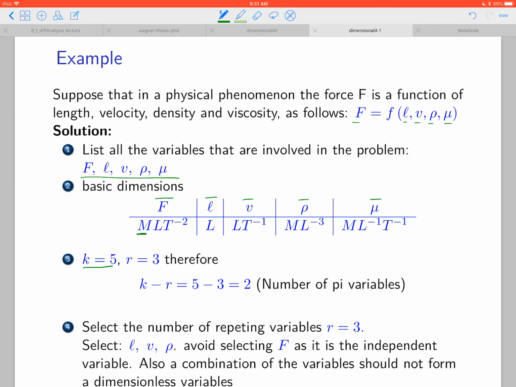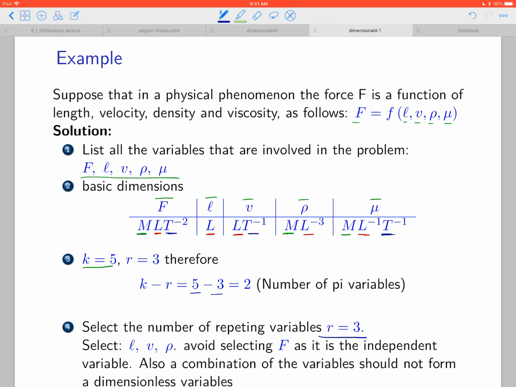We have mass, we have length, and we have time. We don't have anything else. So we have 3. Therefore the number of pi variables is 5 minus 3 equal to 2.